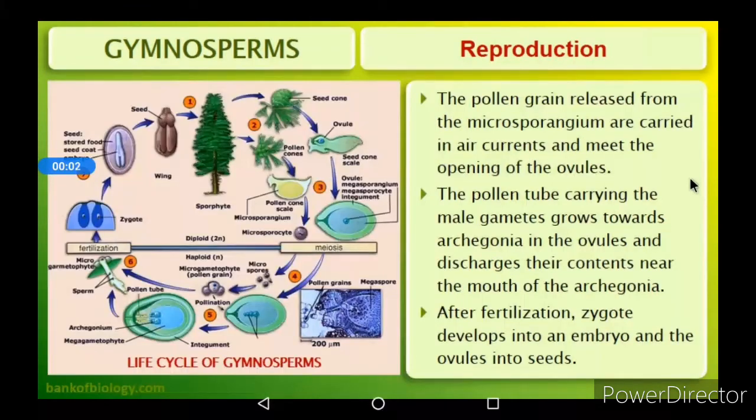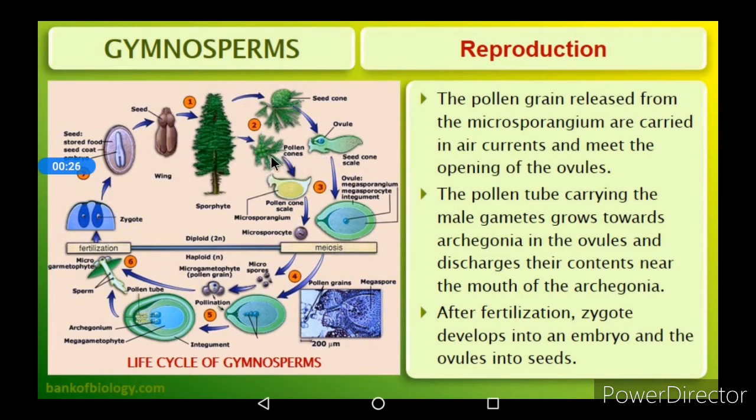We will discuss the reproduction, or the life cycle, of gymnosperms. Here you can see the seeds, from which the sporophyte develops. In gymnosperms, the dominant phase is the sporophyte. We are going to discuss both the microsporangium as well as the megasporangium, that is the male and female cones.